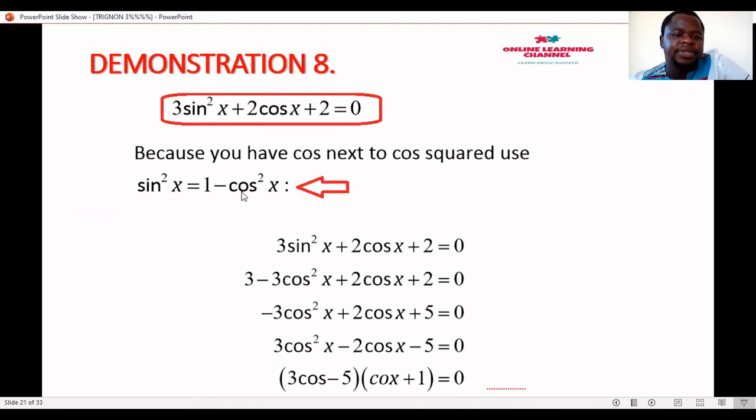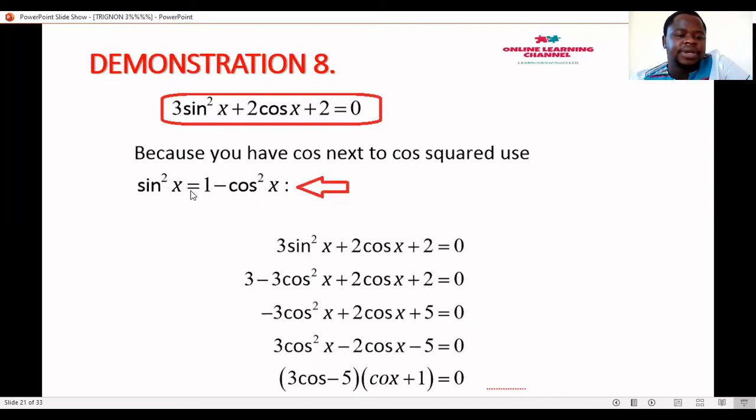And now at demonstration number 8, you've got 3 sine squared x plus 2 cos x plus 2. Because you have cos x next to cos squared, you just have to change this.